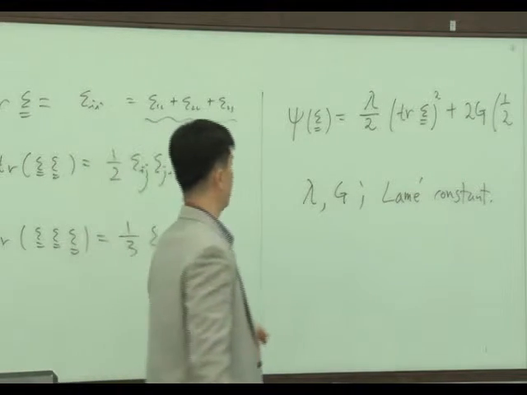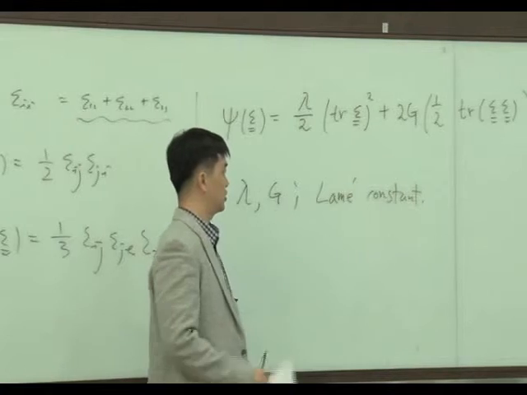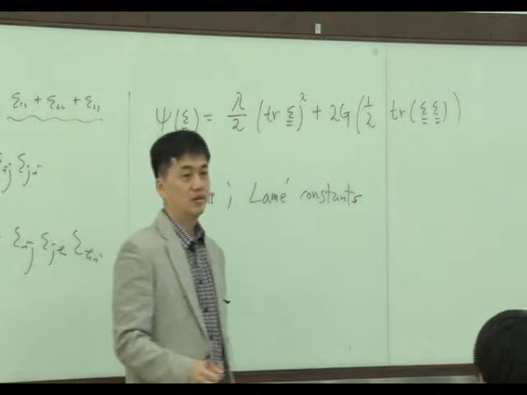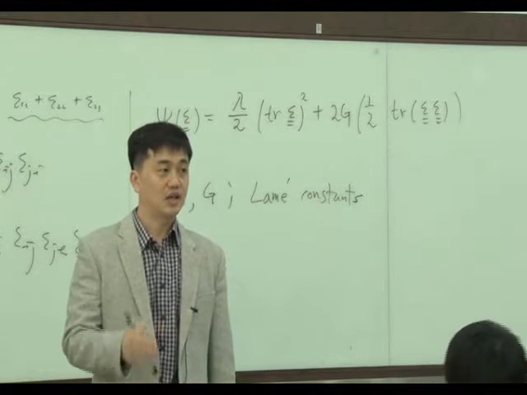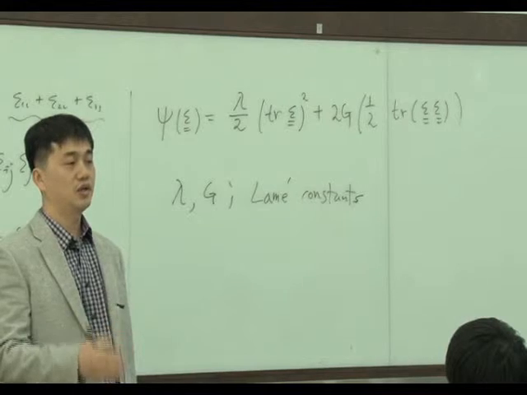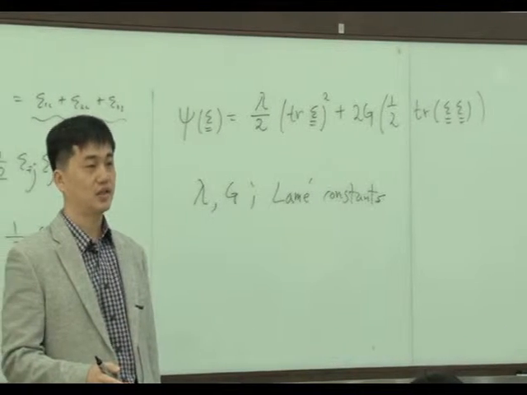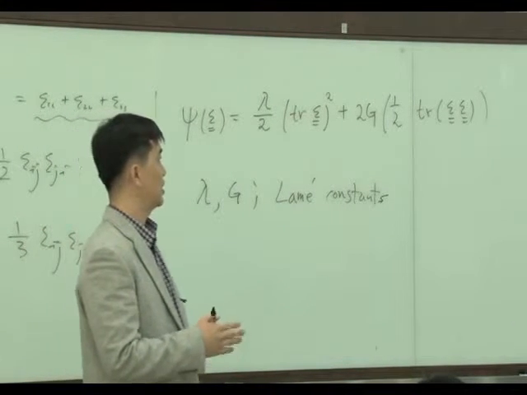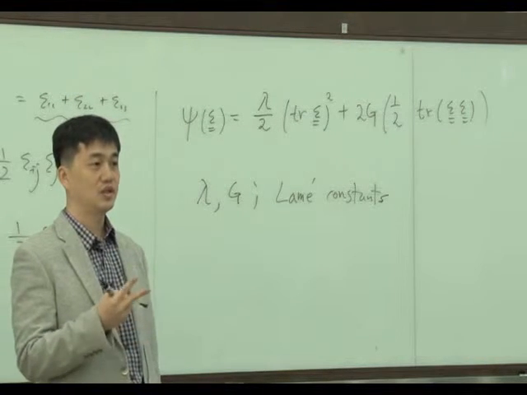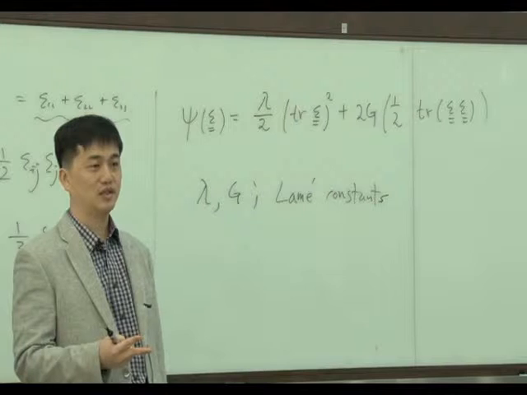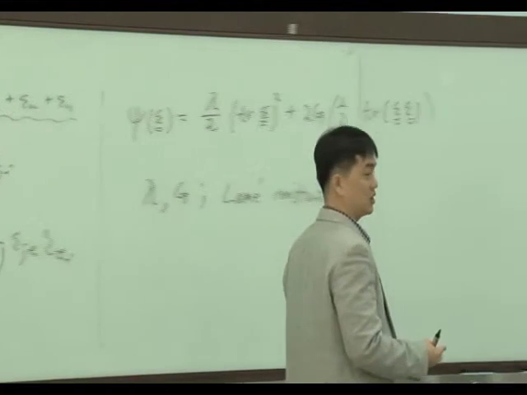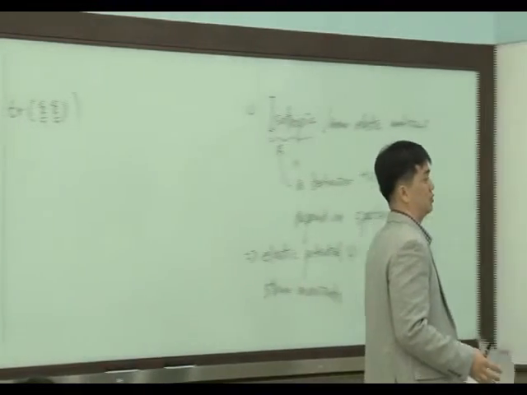So a general linear elastic material has 21 material constants, but isotropic linear elastic material has only two independent material constants, right? So our problem becomes much easier. Only two.